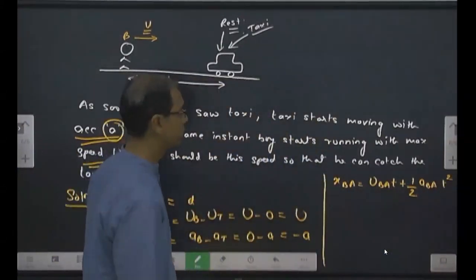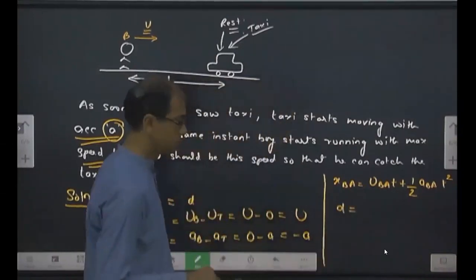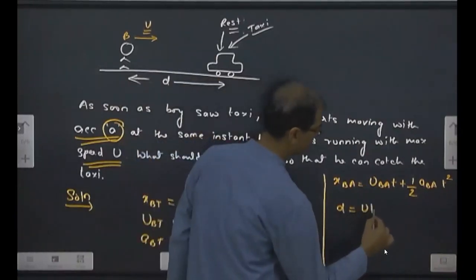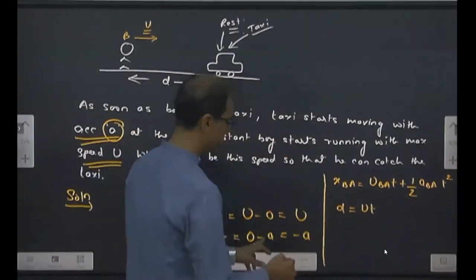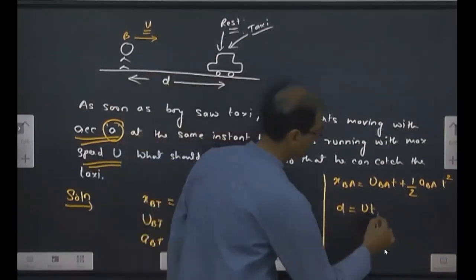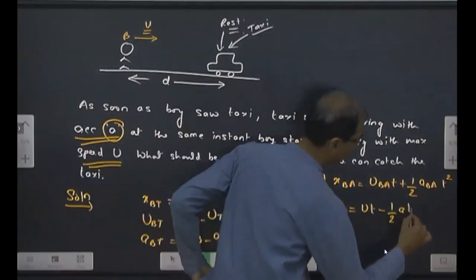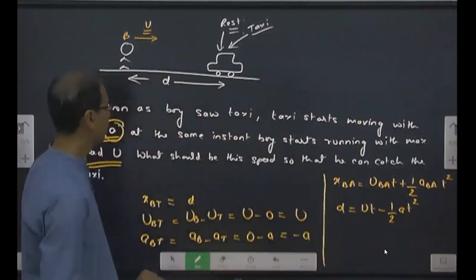Let's put the values. D equals UT minus, why minus? Because this is minus half A T square.